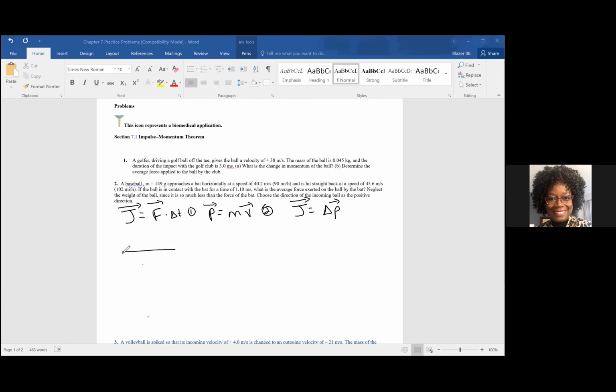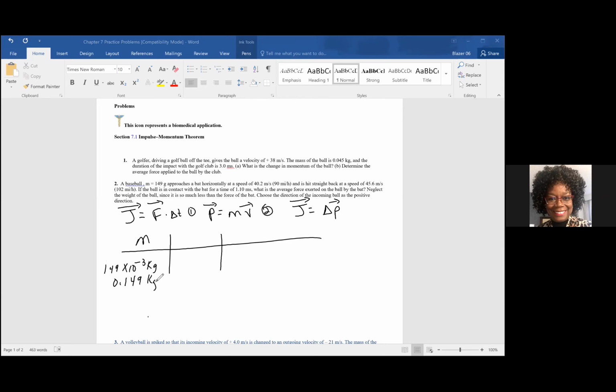All right, what's given in the problem? A baseball with mass 149 grams. Now, because it's in grams and not kilograms, I want to write this answer in kilograms, which means I can either say 149 times 10 to the minus 3 kilograms, or I can just say 0.149 kilograms.